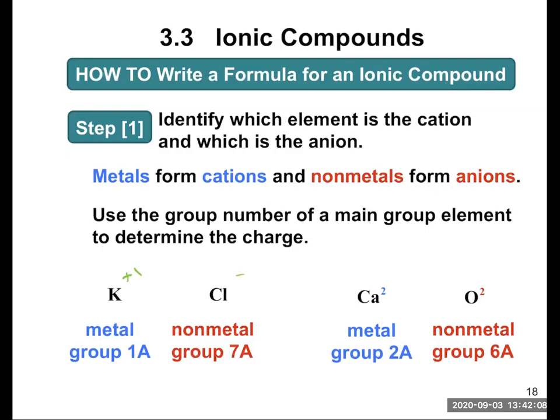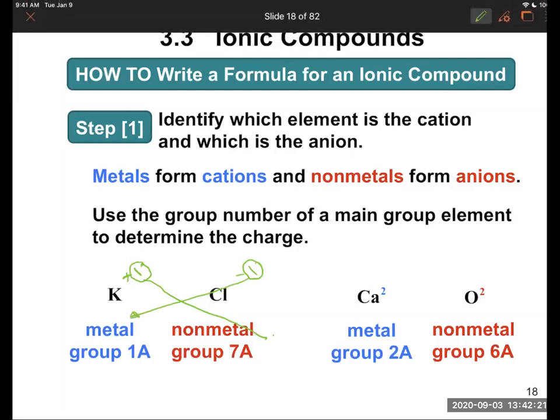In this case, there's a -1. So this number, not the charge, is going to become the subscript of chlorine. And this number, just the magnitude, is going to become the subscript of potassium. So it becomes potassium 1, chlorine 1, but because it's just 1, we just write KCl.